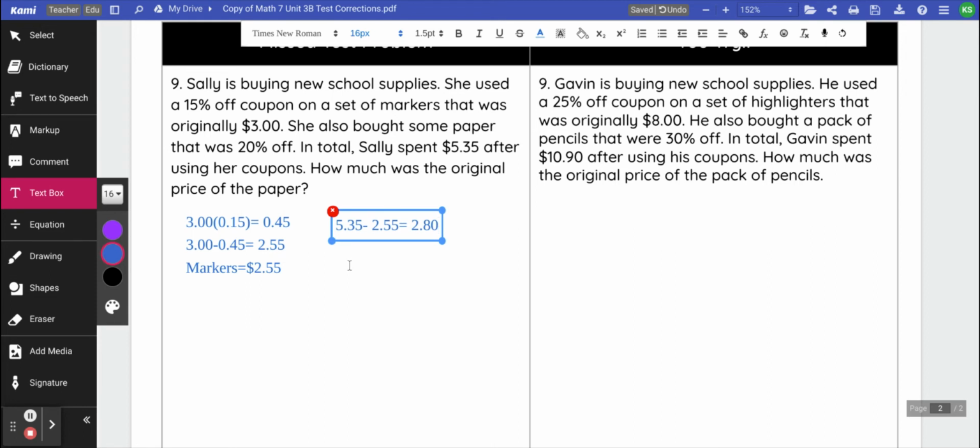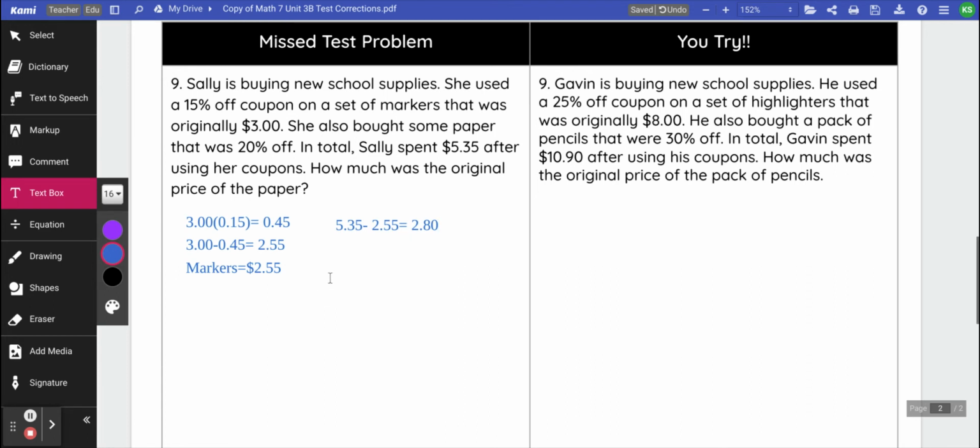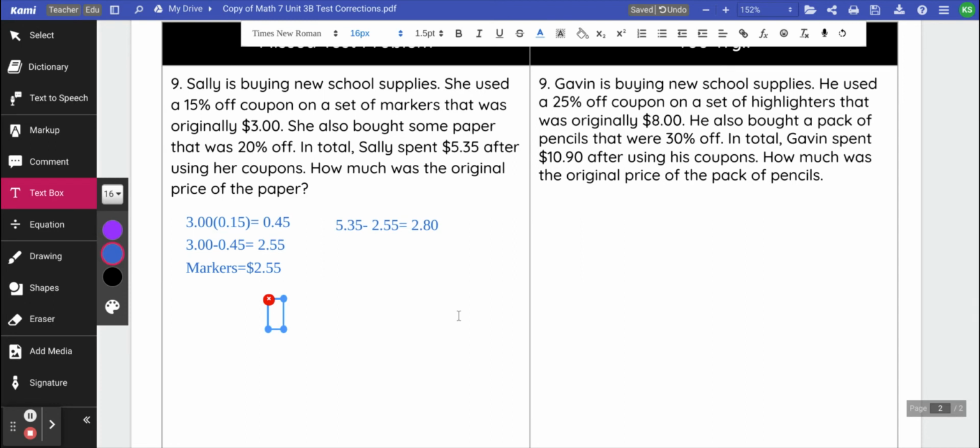Okay, now we're going to figure out what the original cost is. We can create a ratio. So let's make this ratio. We know that the sale price of the paper was $2.80.